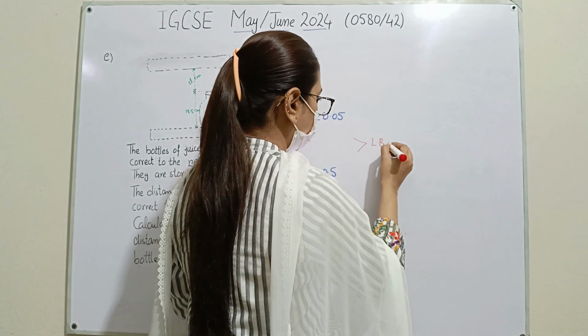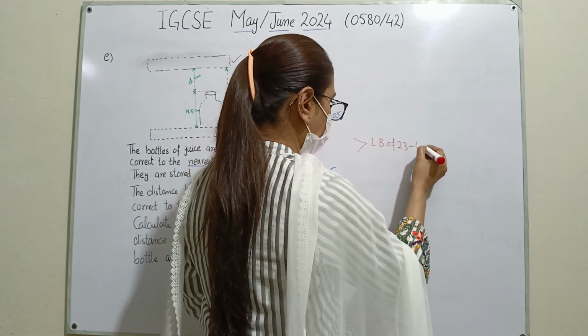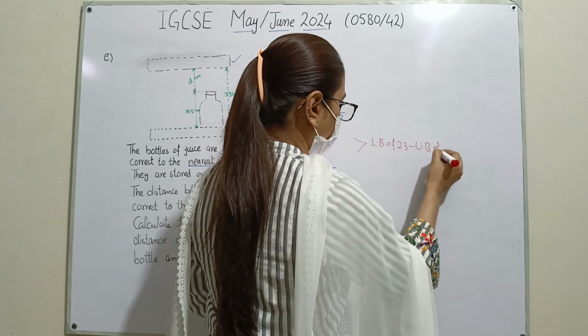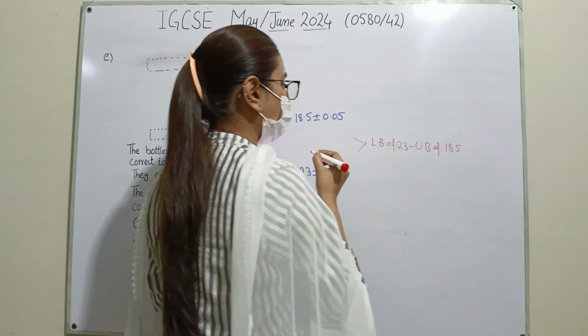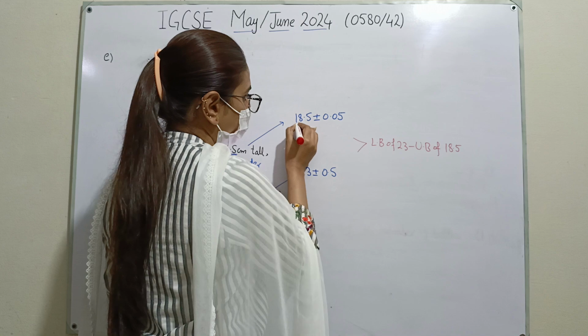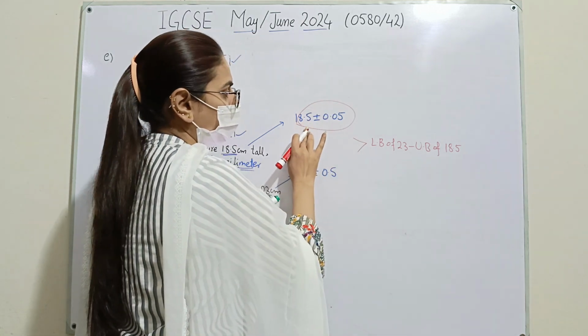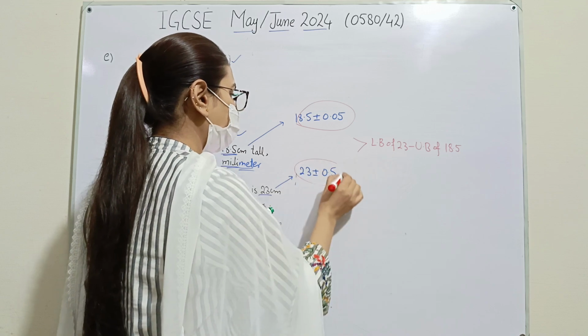Lower bound of 23 minus upper bound of 18.5. The upper bound of 18.5 will be calculated from here and the lower bound of 23 will be calculated from here.